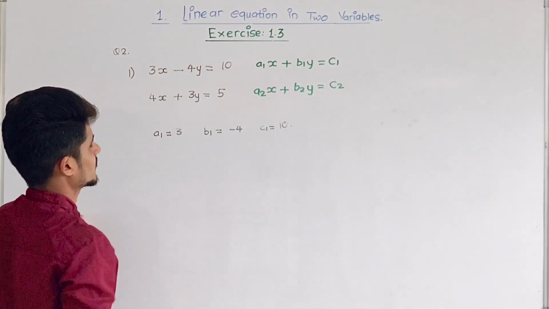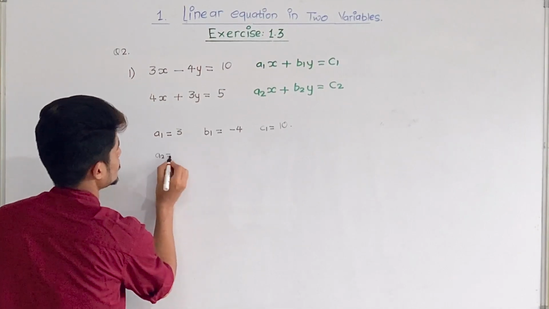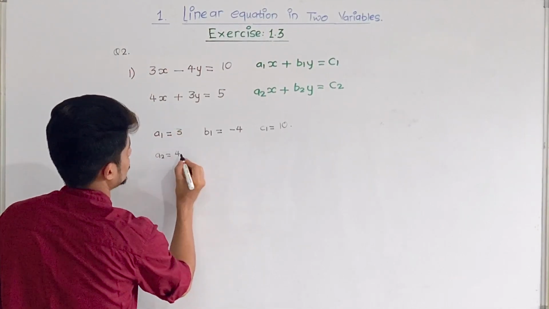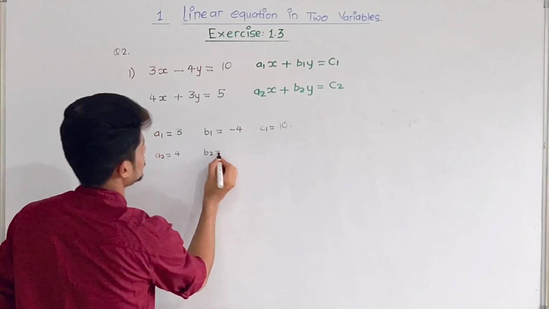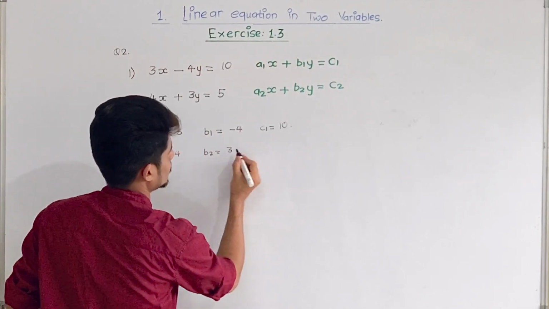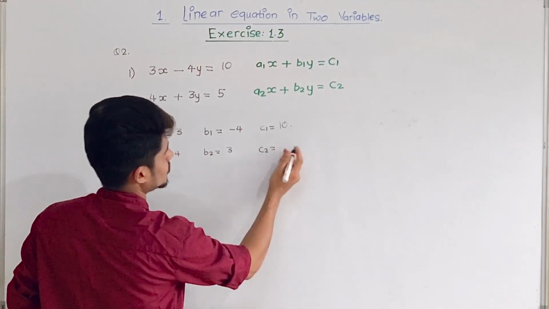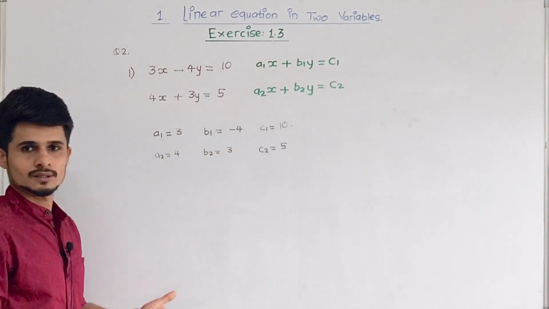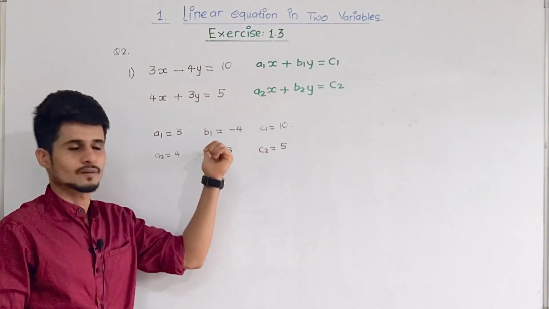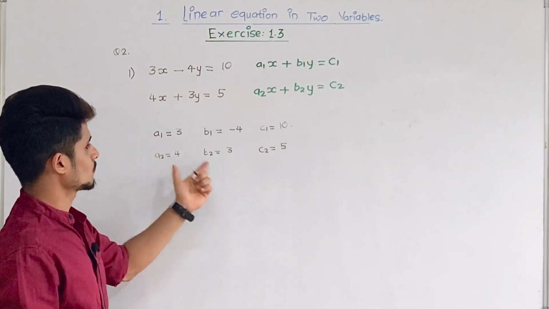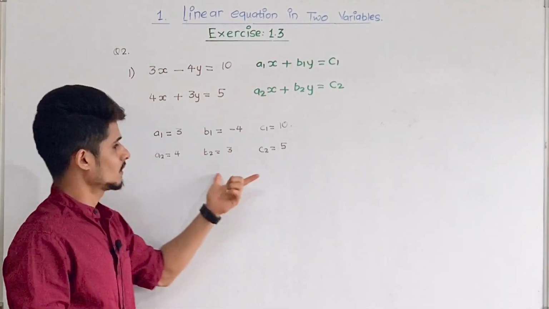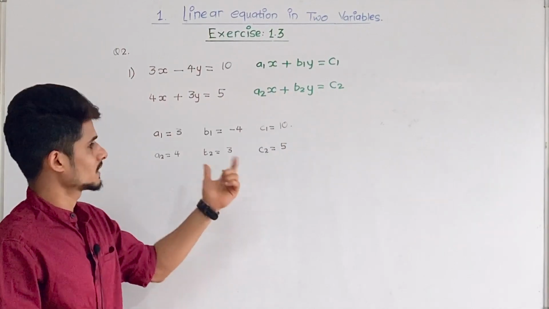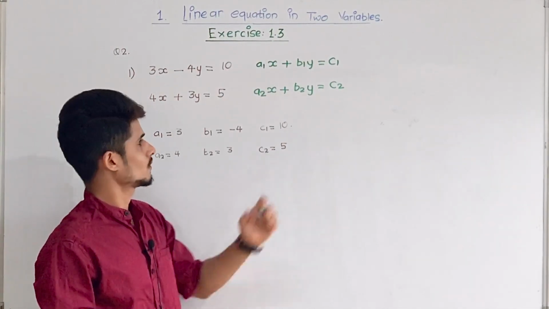Similarly, for the second equation, the value of a2 is 4, value of b2 is 3 and value of c2 is 5. So first we just have to note the value of a1, b1, c1, a2, b2, c2, and then after we'll find the determinant of x and determinant of y.